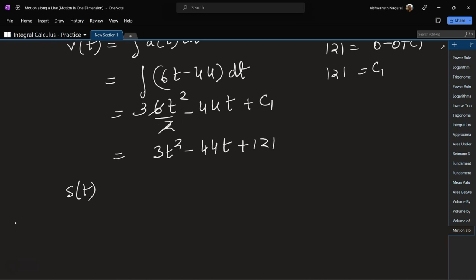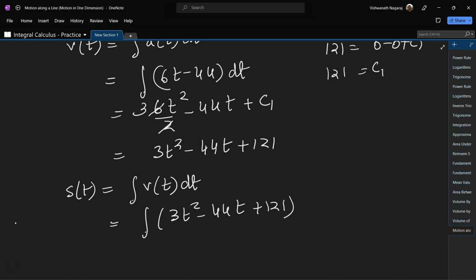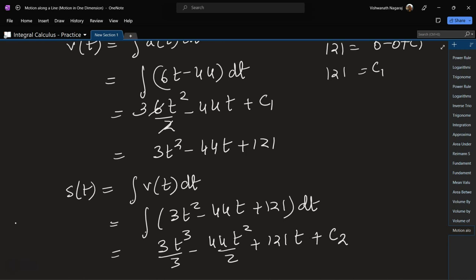Now s of t is equal to the integral of v of t dt, which is equal to the integral of 3t square minus 44t plus 121 dt, which is equal to 3t cube by 3 minus 44t square by 2 plus 121t plus c2.